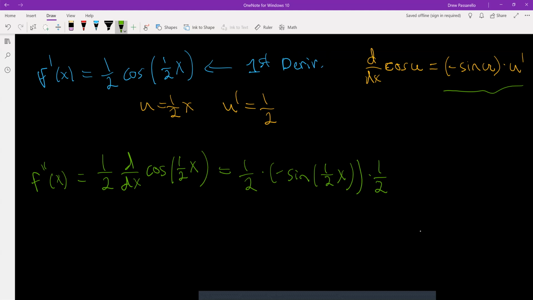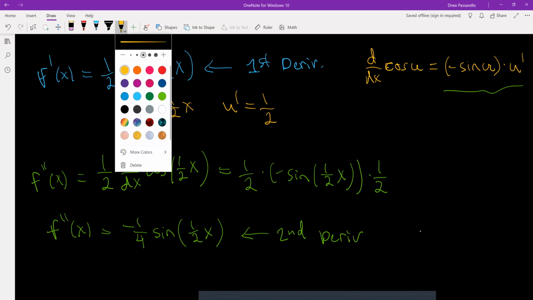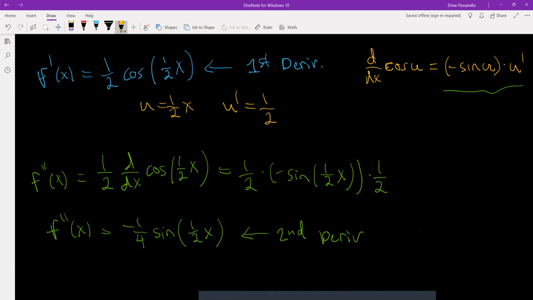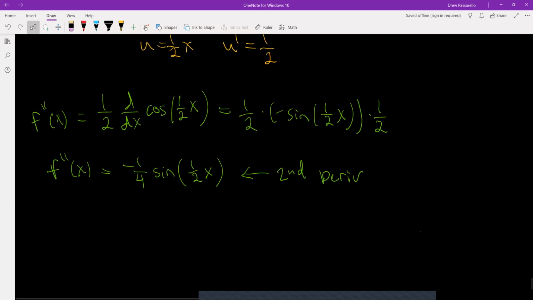So the second derivative is going to be negative 1/4 sine of 1/2 x. Okay, so that's the second derivative. And I'll circle that because we're going to be using this for what we plug in for the test values, and also we're about to use it again for the inflection points.